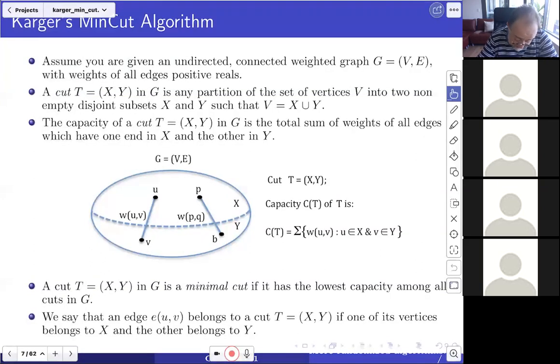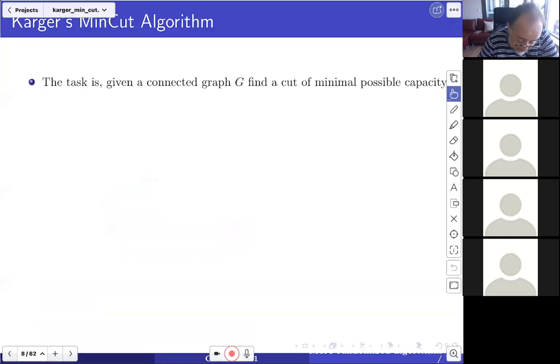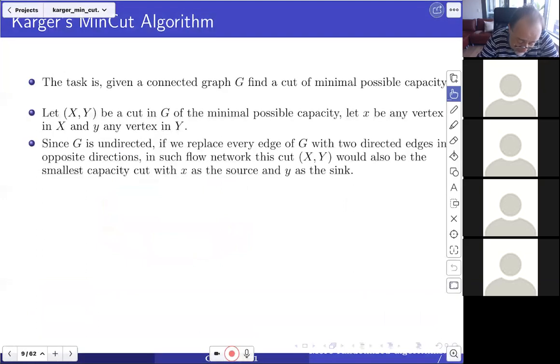So we say that an edge belongs to a cut if it crosses the cut, right? If one vertex is in X and the other is in Y. So the task is, given a connected graph, find a cut of minimal possible capacity. So let's see how we might solve this problem. Well, you know how to find min cut in directed graphs.